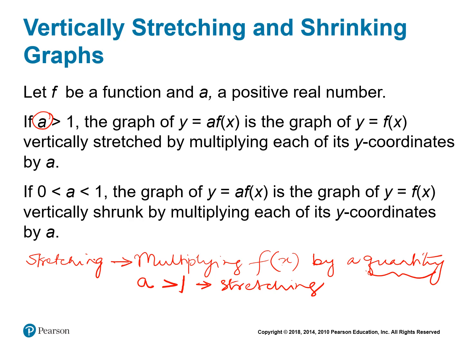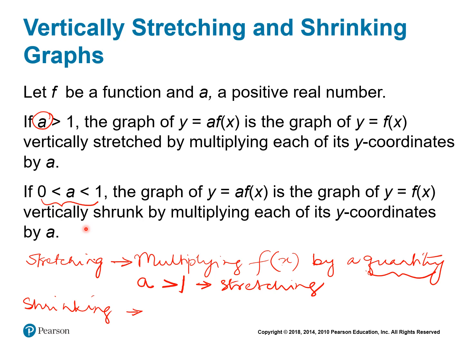On the other hand, shrinking, and we'll go through an example of this, happens when that multiplicative value is a quantity between 0 and 1. That means they are fractional values, like 1/2, 1/3 or 2/3.